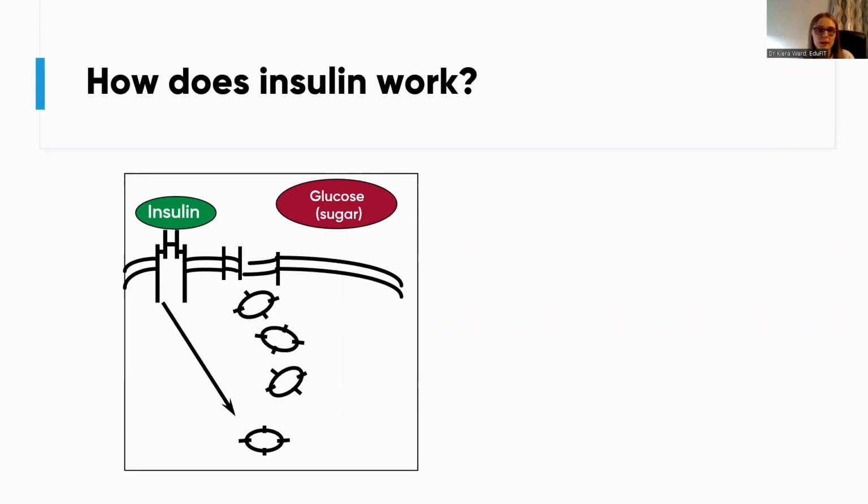When insulin binds to the receptor, it signals for those glucose transporters to move towards the lining of the cell, or the cell surface, to bring that glucose into the cell. This helps to reduce blood glucose levels in the bloodstream and keep them in the normal range. So it brings it in for our cells to use.